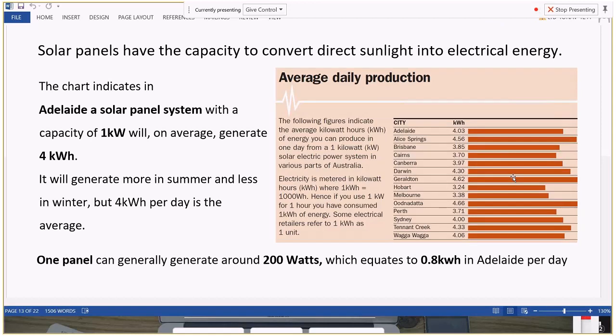SA Power Networks lets you do a 5 kilowatt per phase. So if you've got single phase coming to your property, 240 volts, well then you can put a 5 kilowatt solar panel system on your roof. If you've got 3-phase, you can put a 15 kilowatt system on your roof. That's pretty much it. I've got a place where we've got 2 phases coming in. That's really rare. Doesn't happen often. It was set up in strange fashion.